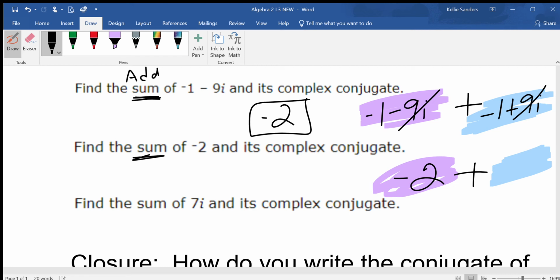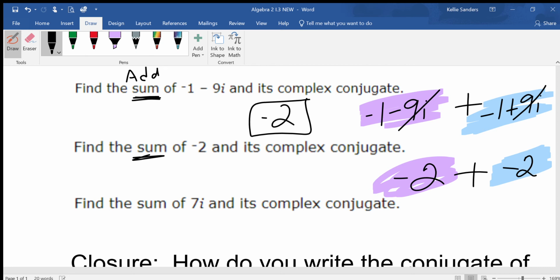Is negative 2 real or imaginary? Does it have an i? No, it doesn't have an i. So it's a real part of the complex number. And so if you're making a conjugate, you only change the imaginary part. So the negative 2's conjugate is just negative 2 because there's not an i to be able to switch.